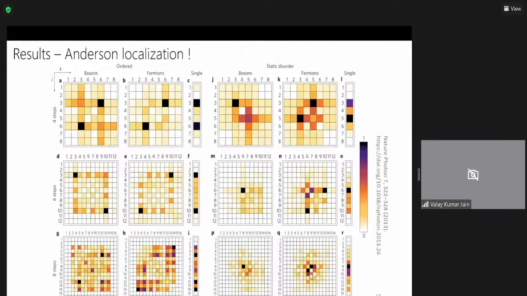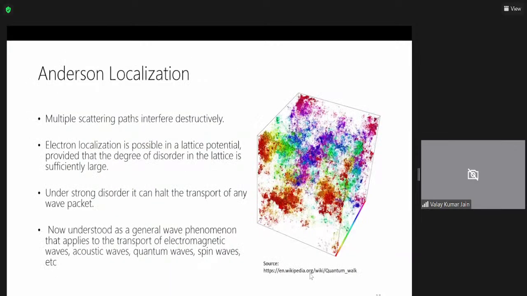So why are photons concentrating in the center of the waveguide? Because we introduced static disorder. Well, we have reproduced a well-known effect in waves, which is known as Anderson localization. What happens in Anderson localization is whenever you have a large disorder in the medium, there is a lot of scattering.